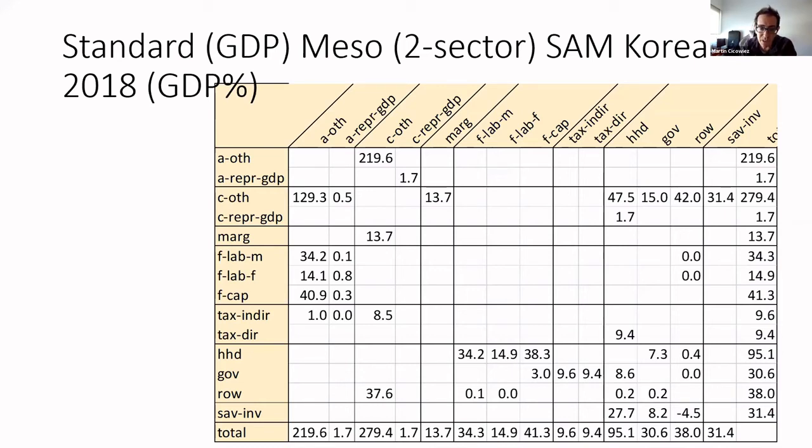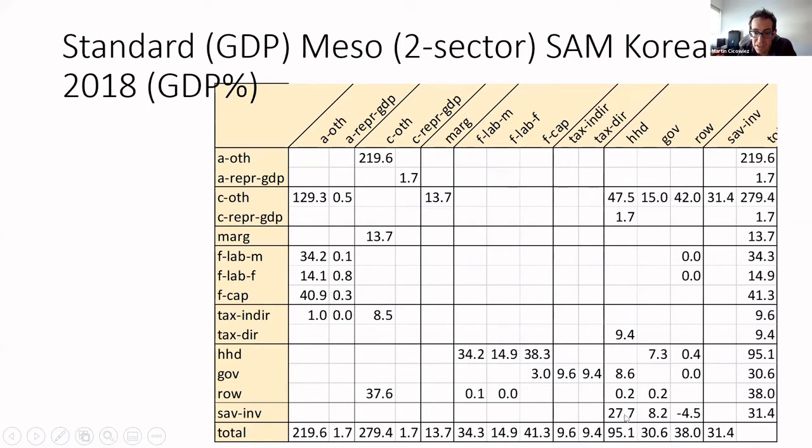If we look at the total for the household column, that is total household spending. And that has to be equal to the total household income. That is the budget constraint. Here we should say that one of the household spending items is savings.